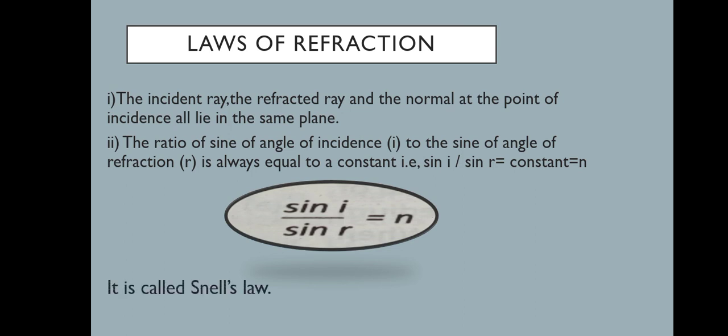The second law of refraction is called Snell's law. If a question asks you to define Snell's law, you have to write only the second law. Keep in mind that the second law of refraction is called Snell's law, as it was given by Snell. Those were the laws of refraction.